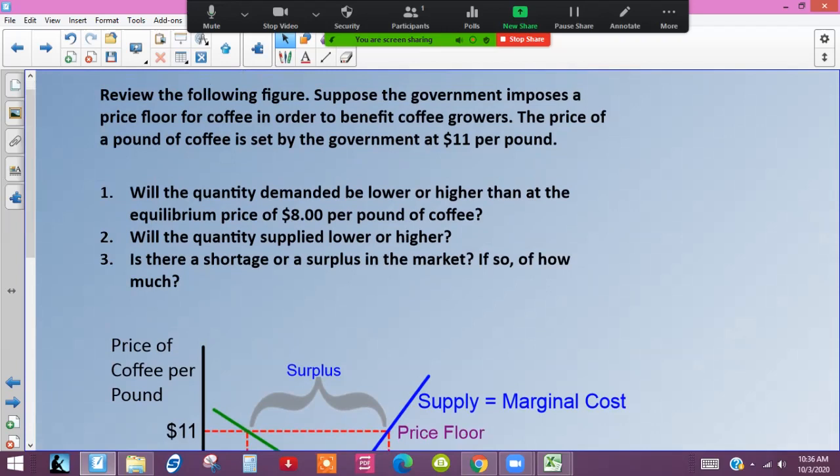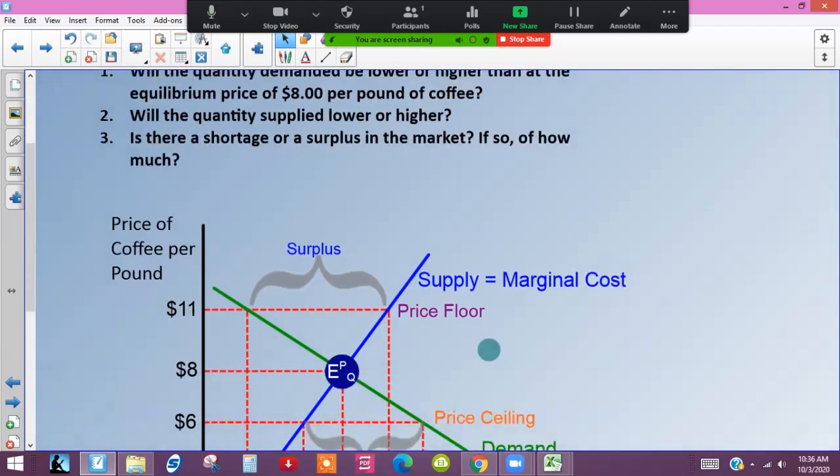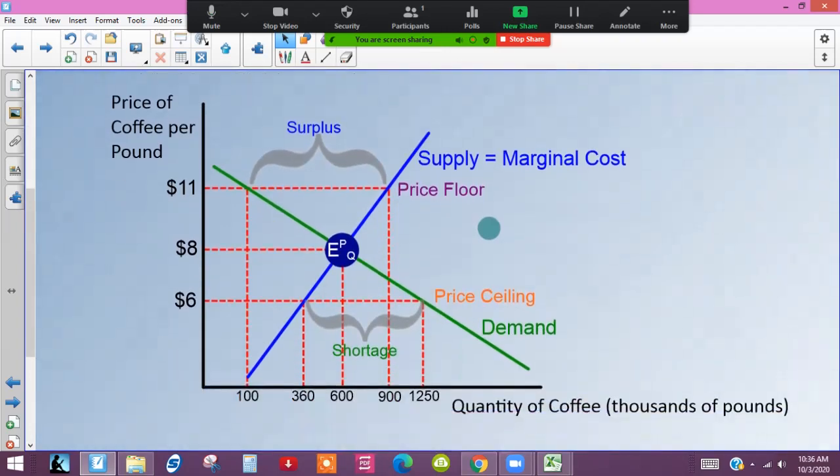So we can also ask ourselves, what would happen if there was a price ceiling imposed at $6? So let's say that the government wanted to make it easier on consumers to buy the coffee.